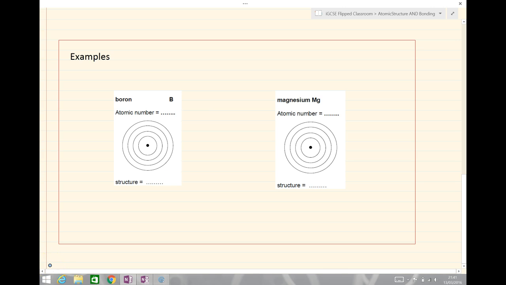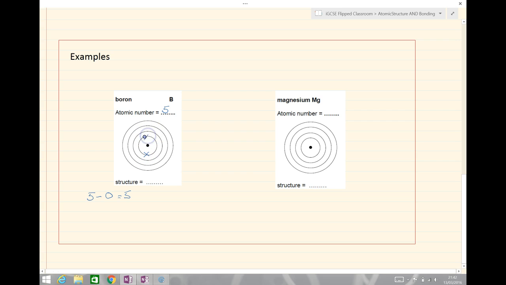Let's just move on then and take this a bit further to look at a couple of examples. We've got here boron, and if we check our periodic table, boron, the smaller number of the two, has got an atomic number of 5. And if we're looking at boron as a neutral atom, the number of electrons therefore is going to be 5 minus 0, gives us 5 electrons, and they fill up in the first shell first.